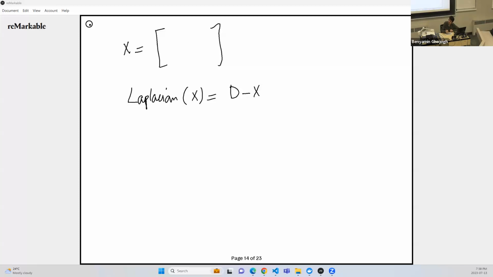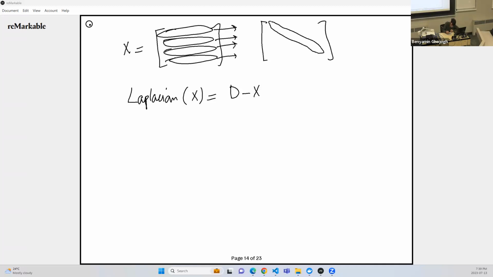And what is matrix D? Matrix D, if you sum the rows of X, it gives you some scalars, right? Now put these scalars as a diagonal of a diagonal matrix. So I put it here, here, here, here. The other elements are 0. This is matrix D, okay? And it's called degree matrix. Okay?